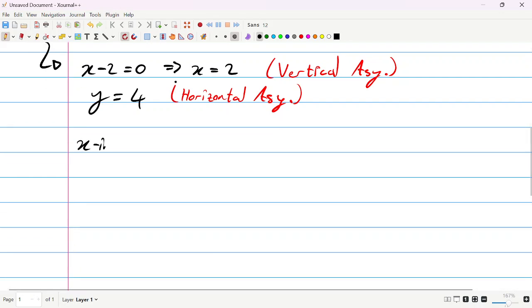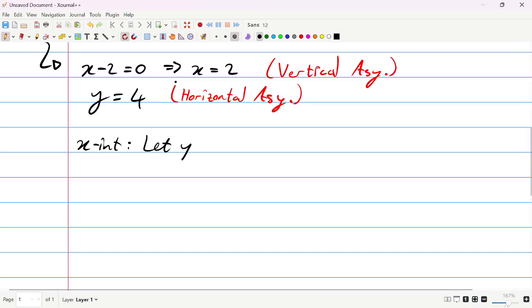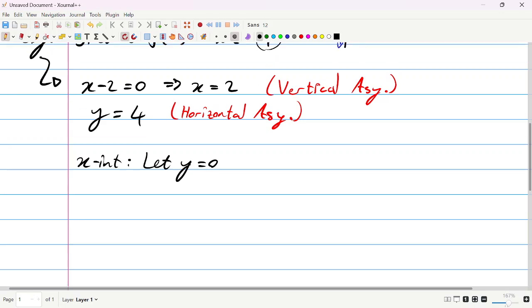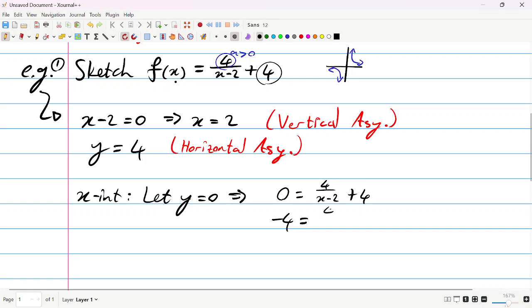For the x-intercept, we need to let y be equal to 0. Meaning that we need to do the following. We are going to say that 0 is equal to 4 over x minus 2 plus 4. Where we take the 4 over as negative 4 is equal to 4 over x minus 2.